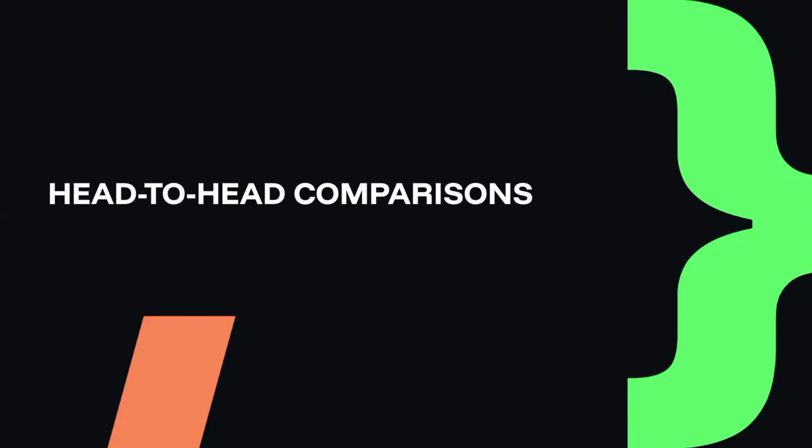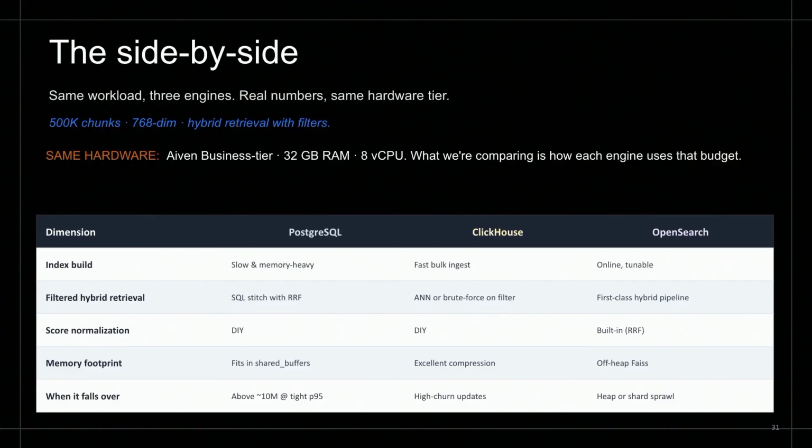So what I did is a performance test between the three databases. I took the same workload, 500k vectors in a 768 dimension vector space, and used that in three different databases.